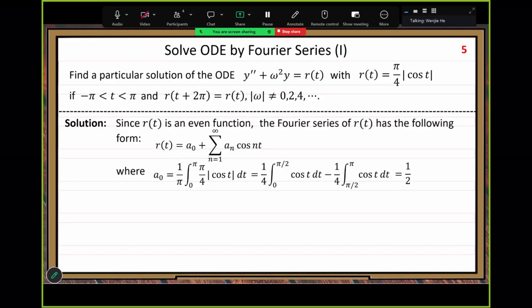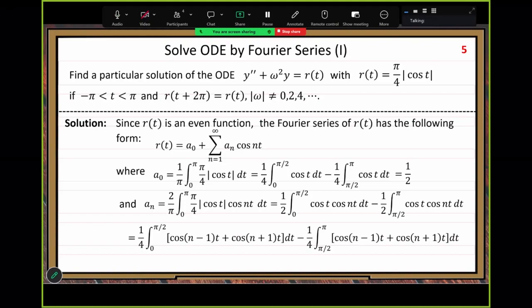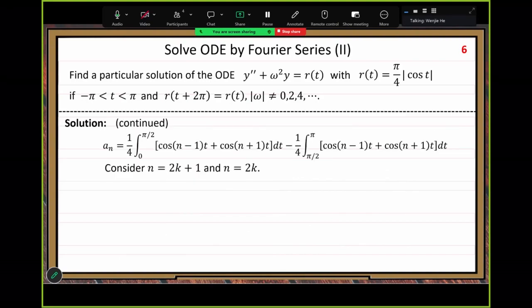Then the A_n formula. At the end, you need to consider the cases, even and odd n, so your representation is slightly different.